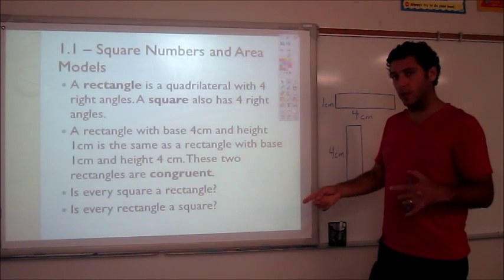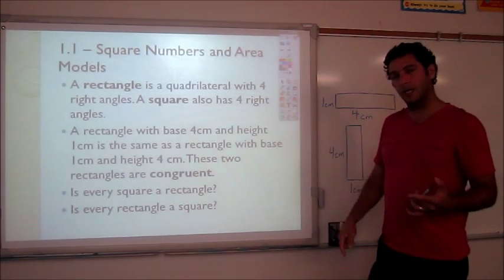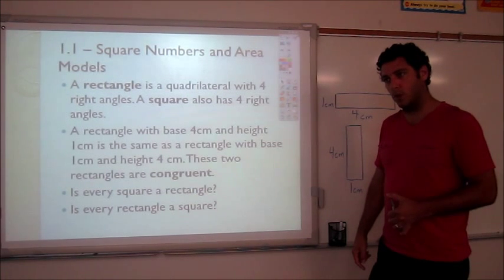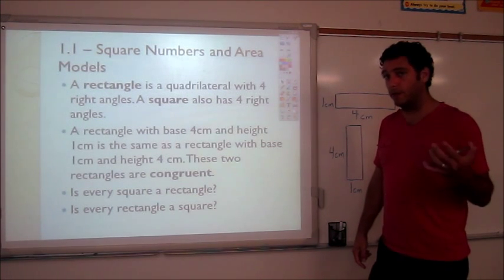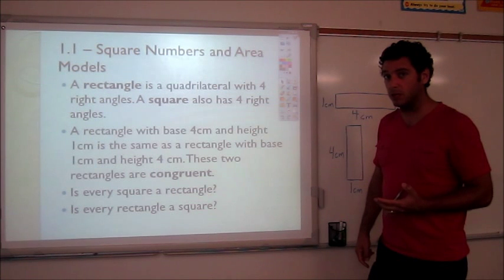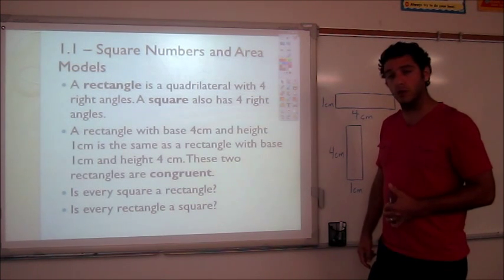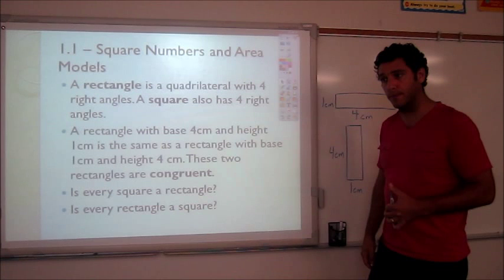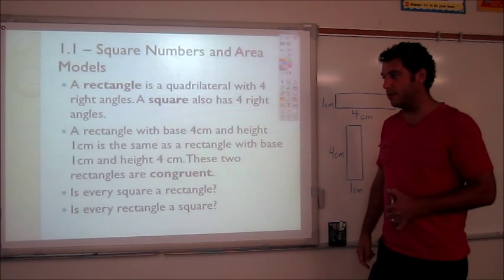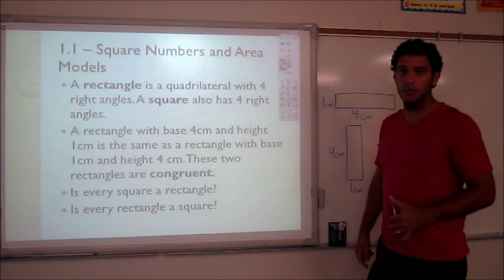Now, does it work the other way? Is every rectangle actually a square? Well, if all 4 sides are equal in length, then sure, a rectangle could be a square. But if you have 4 sides that are not all equal, then it would not be a square.